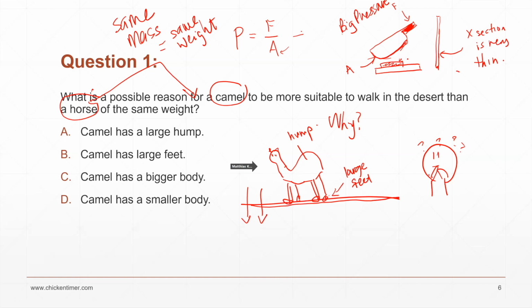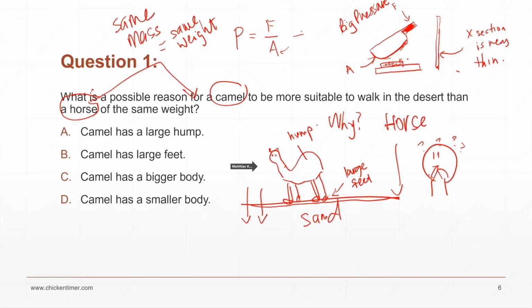So the horse, because it has smaller feet, will exert a bigger pressure on the sand, and then it sinks into the sand. The horse will sink into the sand.